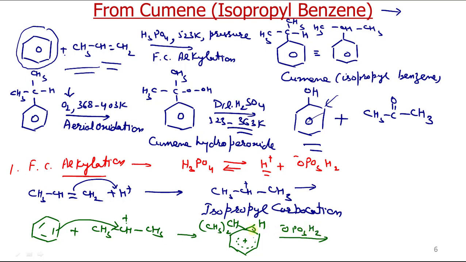So it gives its electron here, and this proton goes here. So what we get is cumene. This is the typical mechanism of a Friedel-Crafts alkylation. This is how this reaction occurs. So we have obtained cumene. This is the mechanism of the first step, Friedel-Crafts alkylation of benzene to give you cumene.